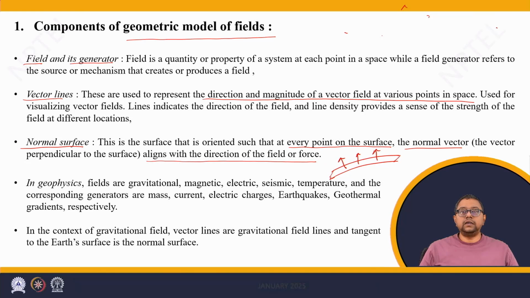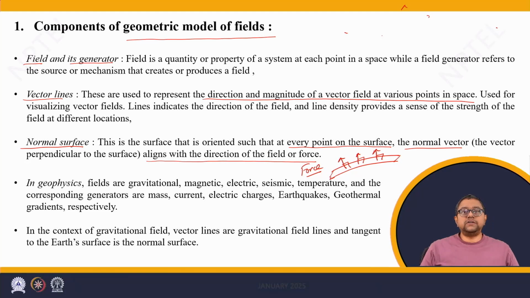So these are the examples of vectors which are representing the force. So the surface which we have shown here is perpendicular to the force vectors. Thus, this surface can be called a normal surface.